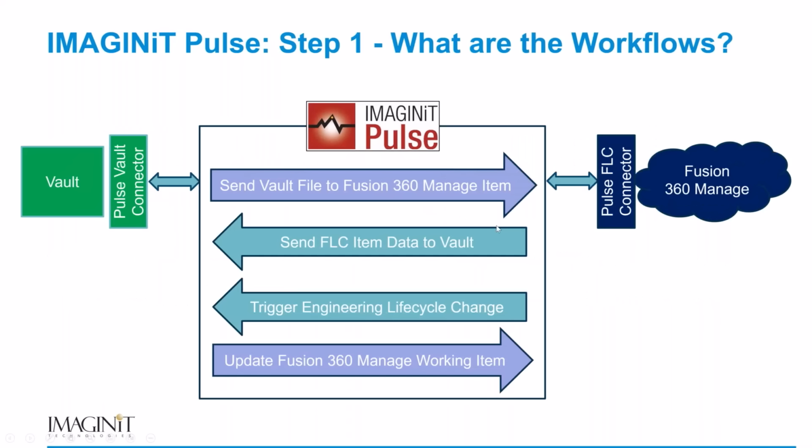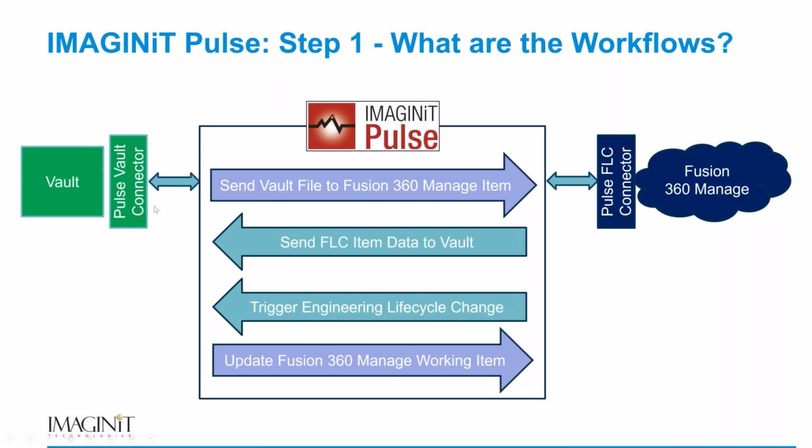And so the way that this works from an implementation perspective is that the first question we ask is, what are the workflows that we're trying to automate? And as we look at a particular example, one example of what we integrate between is Autodesk Vault on one side and Fusion 360 Manage on the other side. And we have these connectors, but we really have particular workflows of data that you'd like to go from one direction to the other.